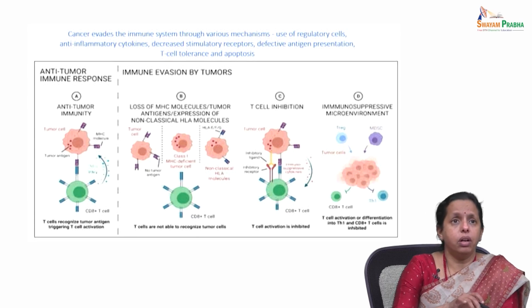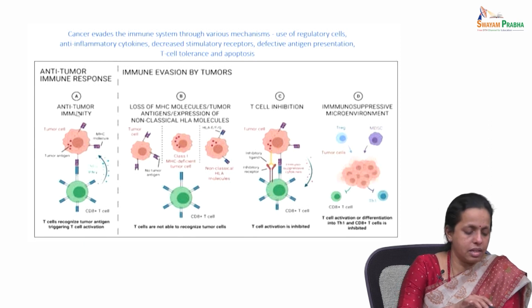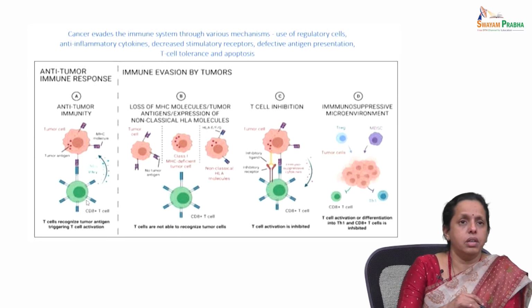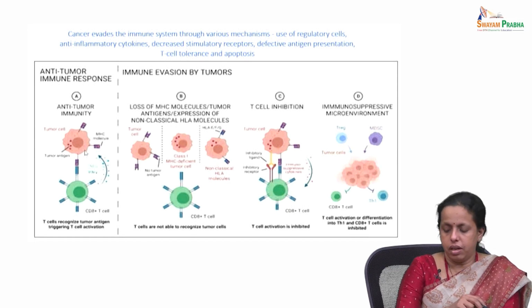Now, you recollect we were discussing anti-tumor immunity in the last class. Your T cells recognize tumor antigen, which triggers T cell activation, and the antigen is presented by your MHC class molecule.